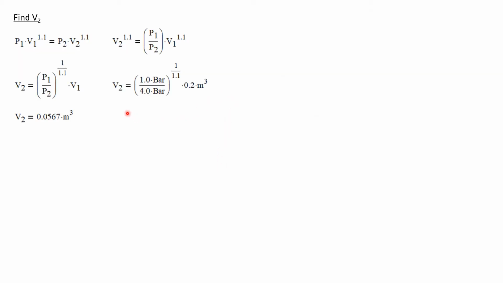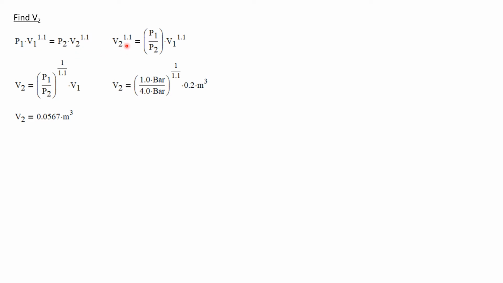So we start out by finding V2, and we'll use the polytropic expression to do that. We know that PV to the n power is a constant, and in this case, with n equal 1.1, we can write P1V1 to the 1.1 power equals P2V2 to the 1.1 power. Our unknown is V2, so let's separate that.